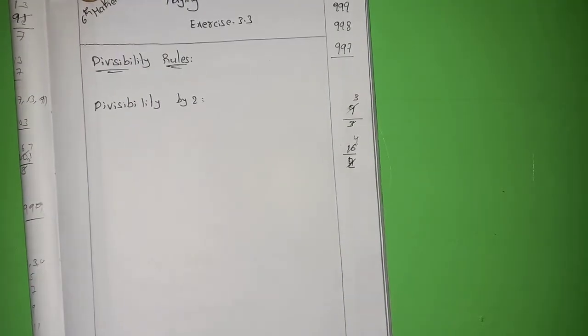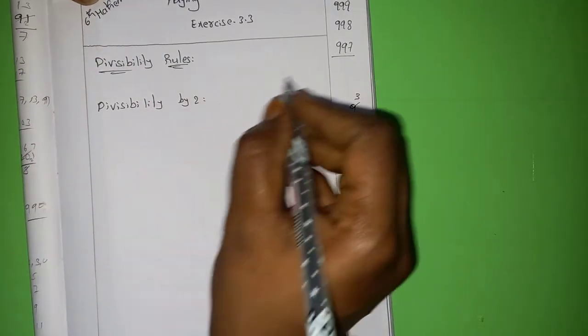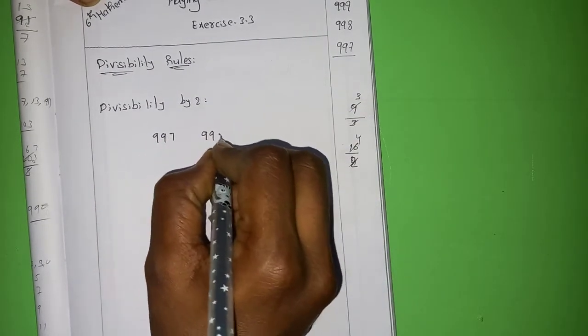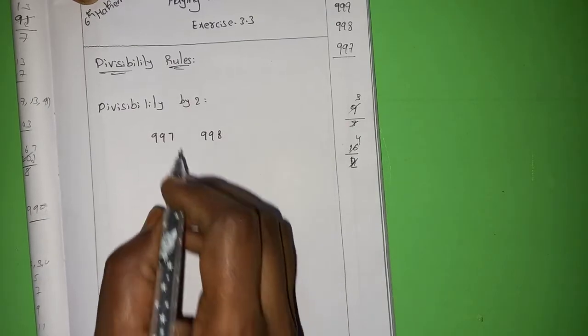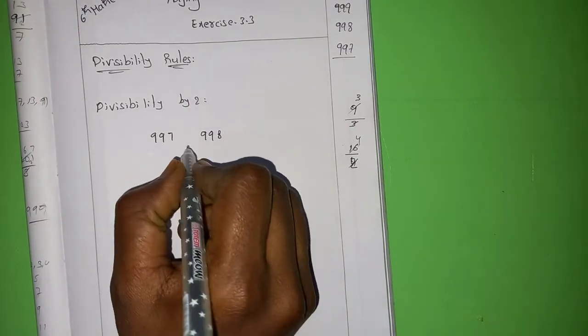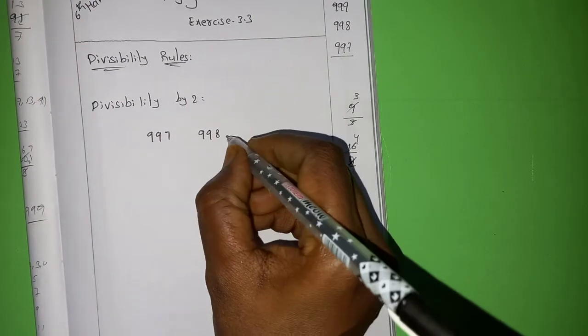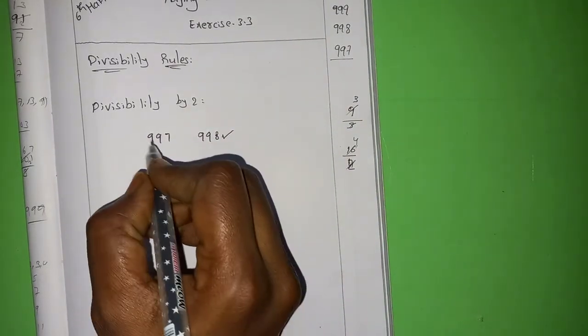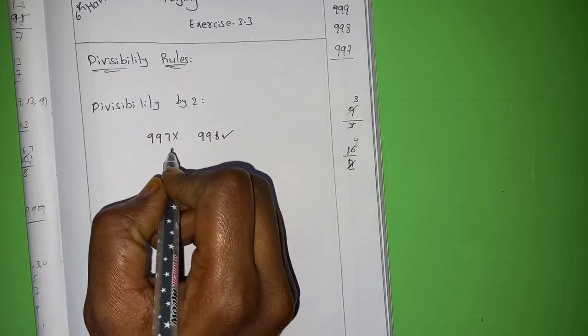Okay, let us take the same numbers, 997, 998. By seeing these numbers we can easily say 998 can be divisible by 2, but 997 is not divisible by 2.